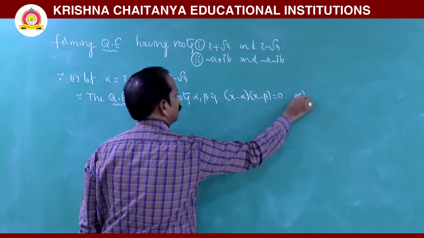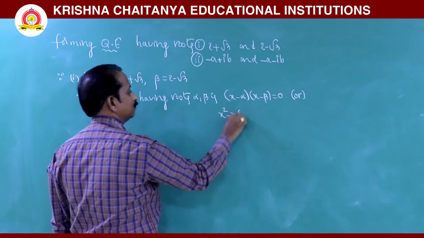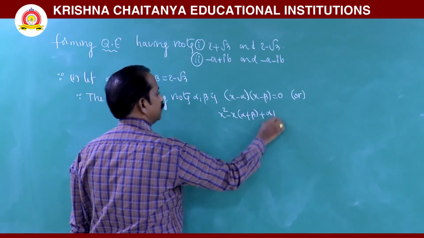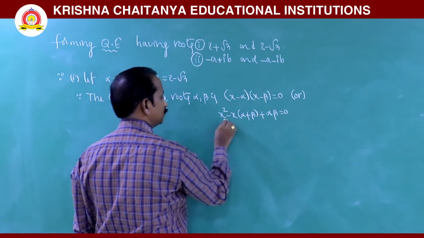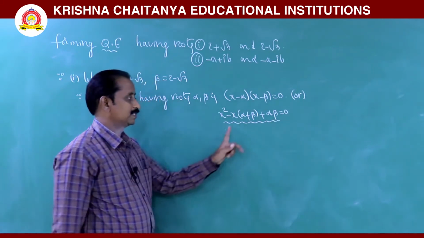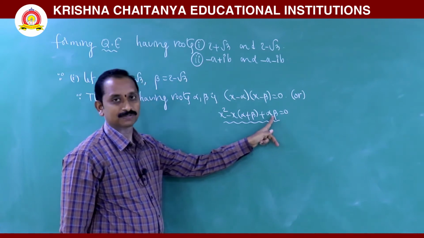Otherwise, x square minus x into alpha plus beta plus alpha into beta is equal to 0. So, to get the quadratic equation, we need the sum of the roots and the product of the roots.